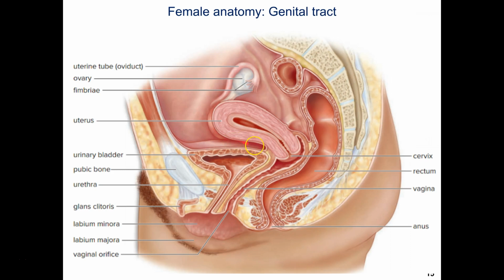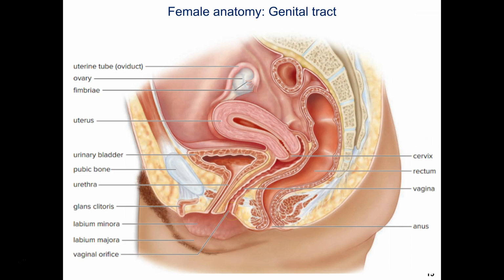Following this down, you get to the cervix, which is the top part of the vagina. That's the cervix here, and then you keep going and you wind up, here is the vagina itself. Okay, there is the vagina, and then outside of that, like we talked about in the last slide, you have the clitoris, the labia majora, the labia minora, and the vaginal orifice itself.